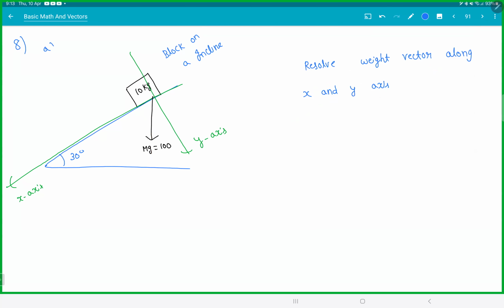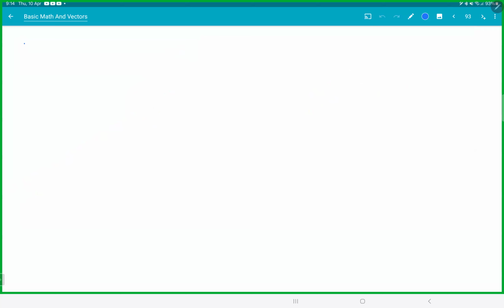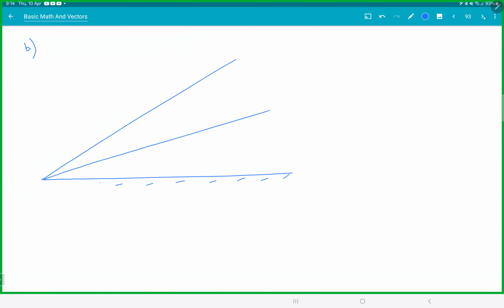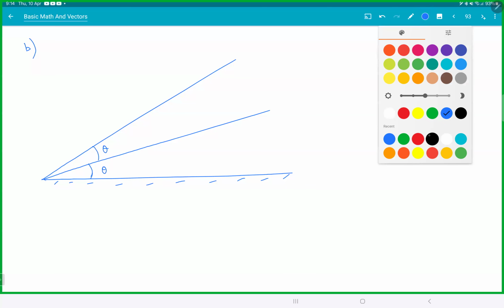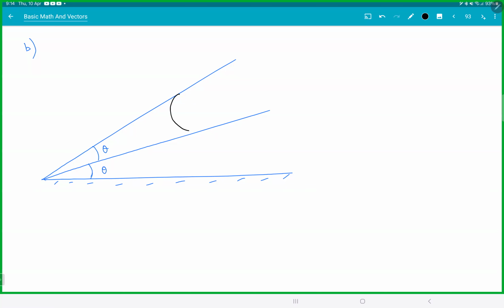So let me show you the actual question. Let's say we have an incline, and we have one more incline. We have the floor here. This angle is theta, this angle is theta. And between this gap here, a ball got stuck.